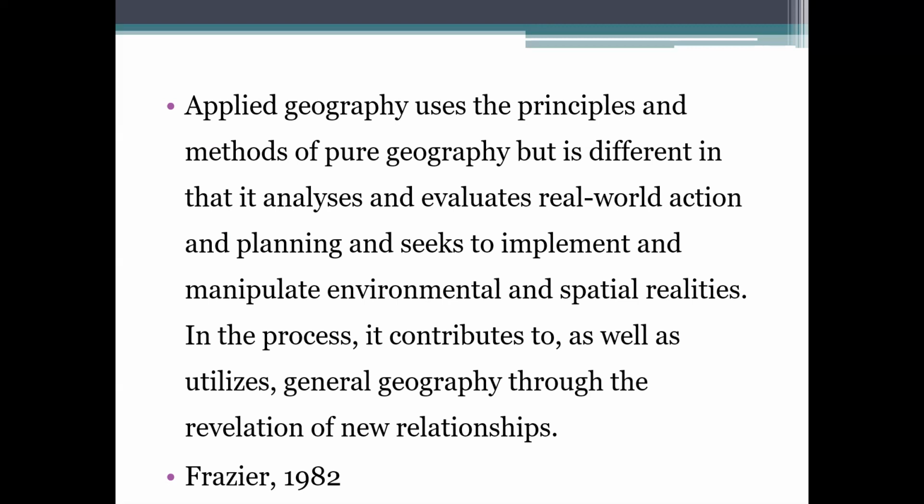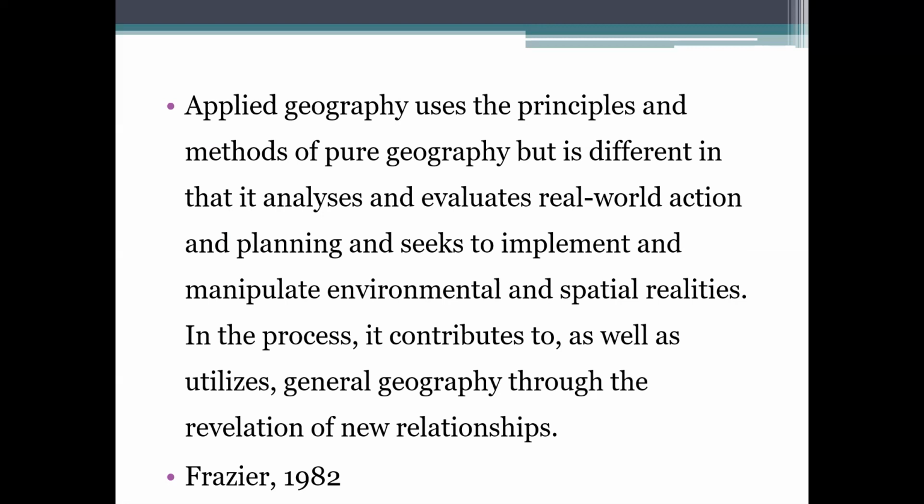Some problems are not as difficult to solve as they look. Some problems are not as simple as they look, because every phenomenon or feature on the Earth's surface is bound up with environmental and spatial realities.